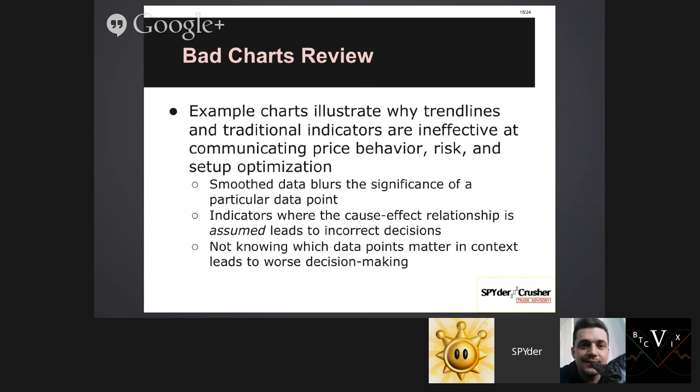And then not knowing which data points matter in context will net-net lead to worse decision-making. So those are essentially the benefits of the software. What the software will prevent you from doing is on this slide, the bad charts review. You don't want to have a bad chart. You want a good chart only.